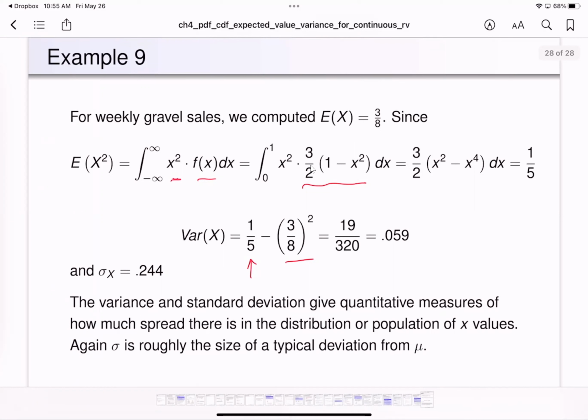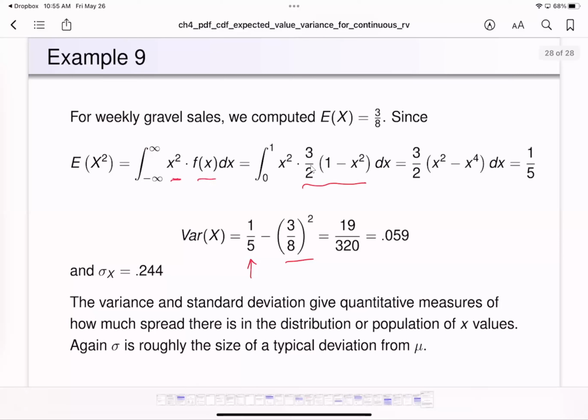And we also learned the expected value. The expected value simply means the weighted average of all possible values. The weight is the probability density function. And the variance is defined as the weighted squared deviation from the mean. So all of the x values, weighted squared deviation compared to the mean.